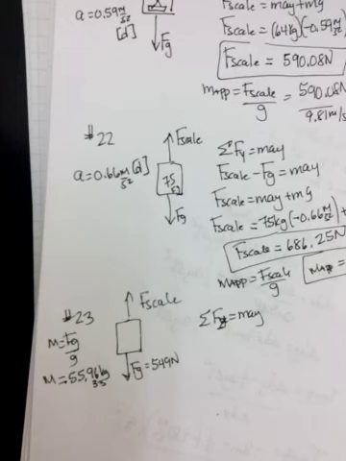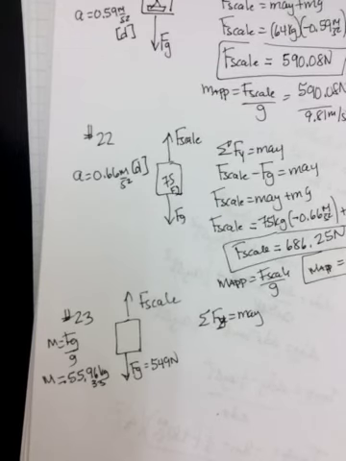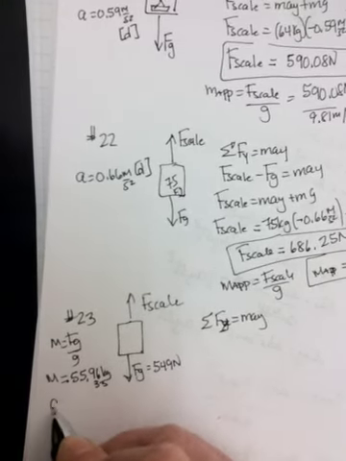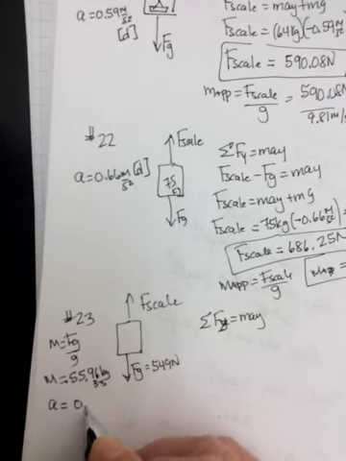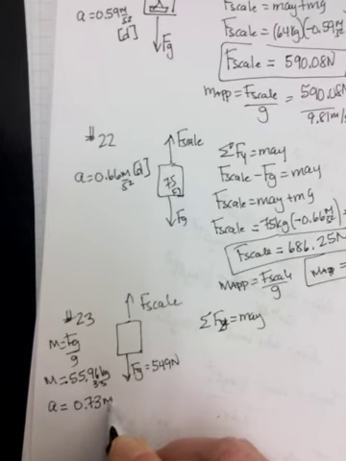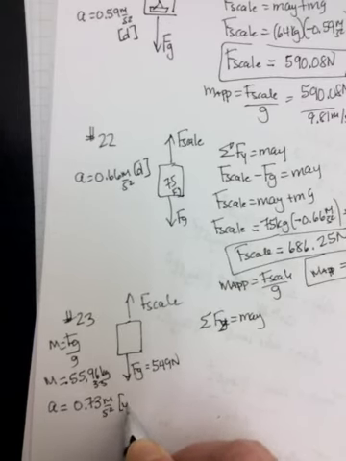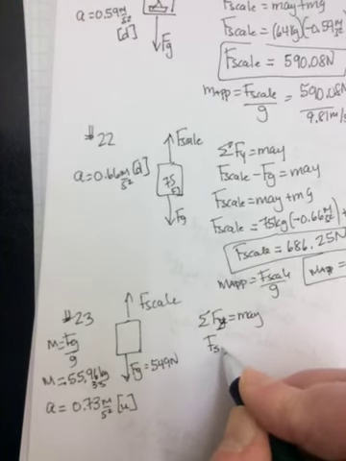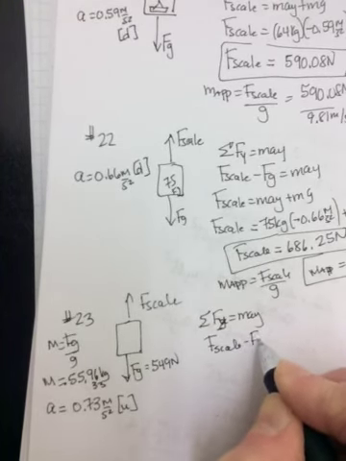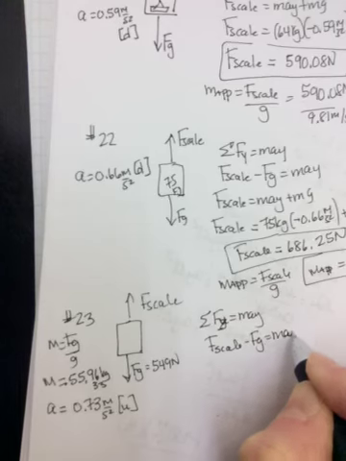The elevator is going down at a constant velocity and then begins to slow down and eventually comes to a stop. So the elevator is going down, slowing down, which means the acceleration must be up. Okay, so assuming we're calling up positive, this will be F scale minus Fg is equal to MAY.